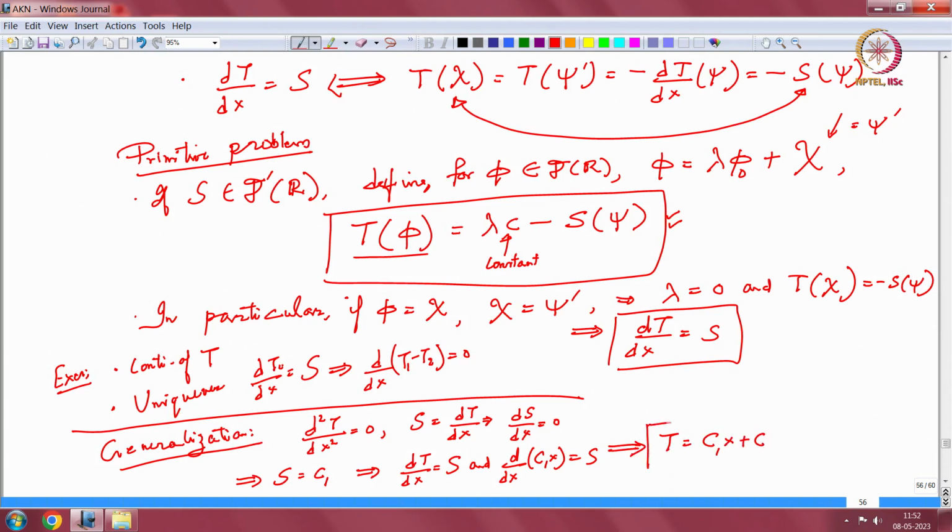So you see, d square T by dx square solution is nothing but this, and like that you can keep on doing, and then you can ask for the mth primitive for order m. So whatever you want to do.